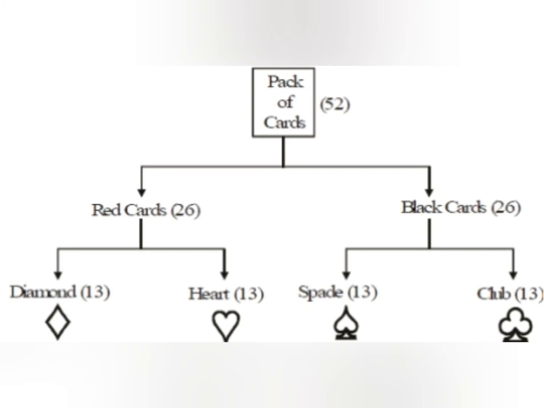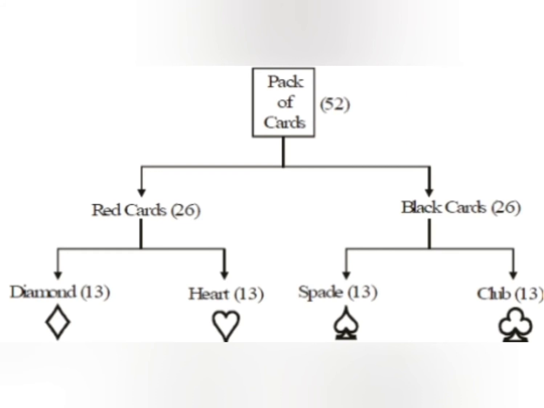And again this red card is divided into two parts, diamond and heart, and diamond has 13 cards and heart has 13 cards. And in black cards, students, 13 are spade cards and the club cards are 13. So students, you can see here the black card is divided into two parts of 13, and when we add these numbers, we get 26 black cards.